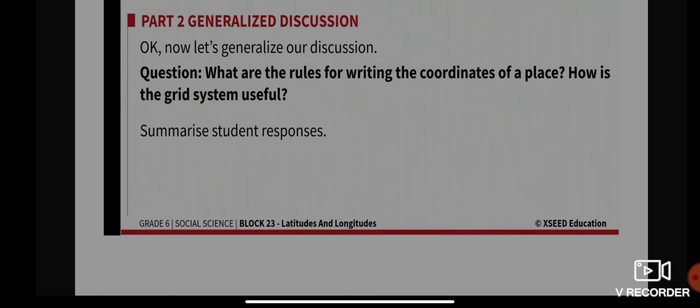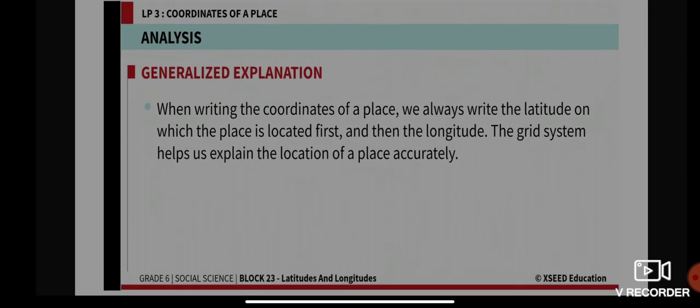Now, what are the rules for writing the coordinates of a place, and how is the grid system useful? When writing the coordinates of a place, we always write the latitude on which the place is located first, and then we write the longitude.